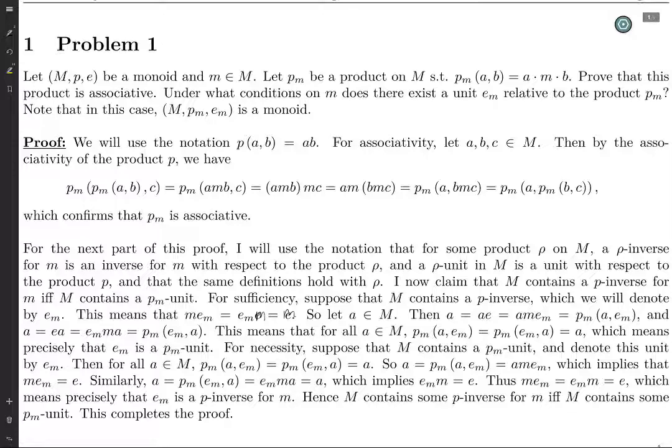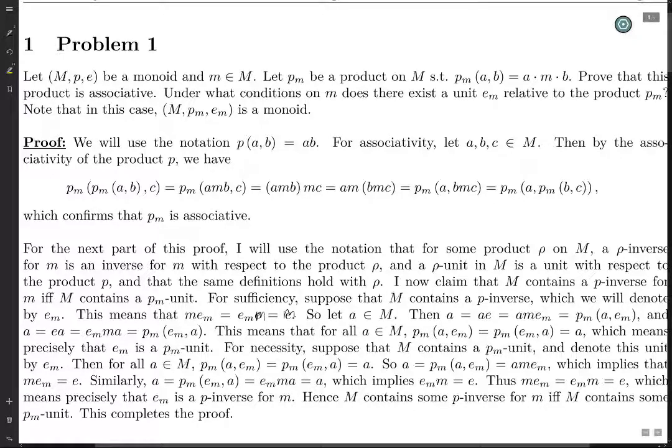So take an element A in capital M, then A equals, by definition, wait a minute. Right. A equals A E, which equals A M EM.